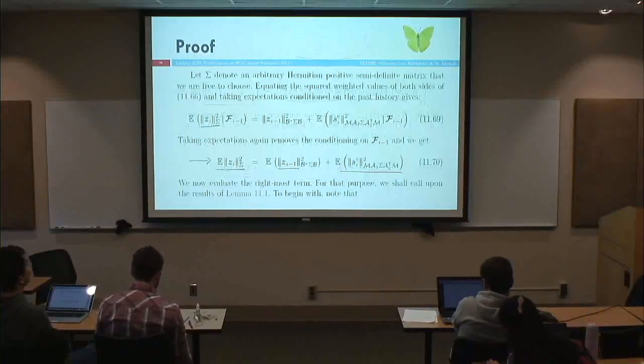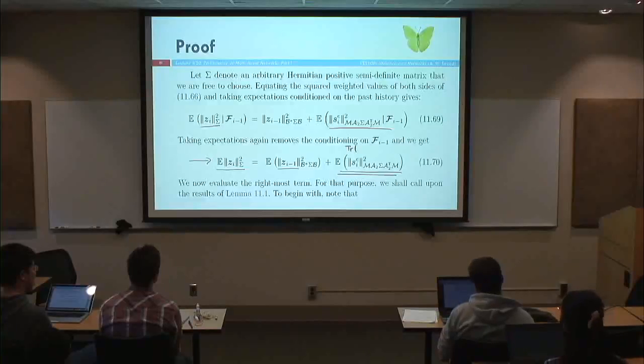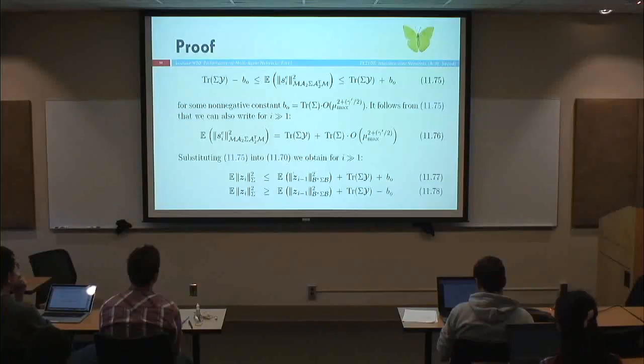If I come back, this term I already know what it is. Sorry, this term: it is trace of sigma Y plus a correction term. What about this now? We'll come back to that. And the correction term, we know what it is.